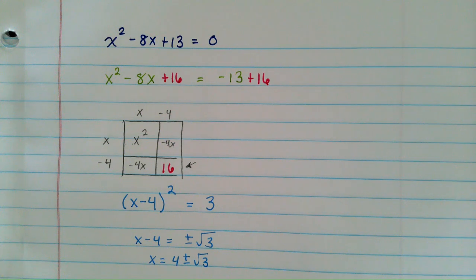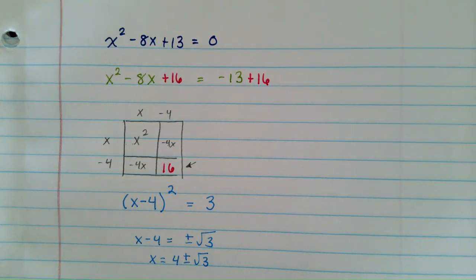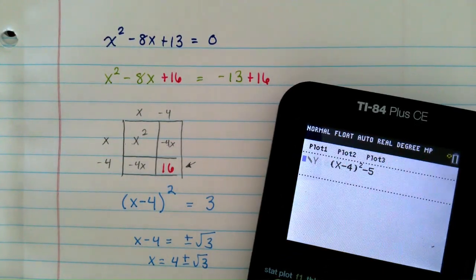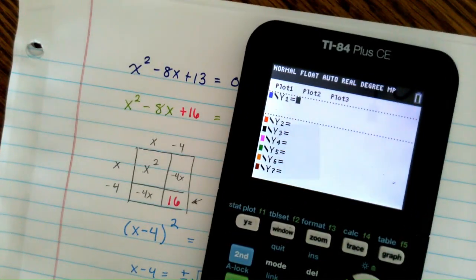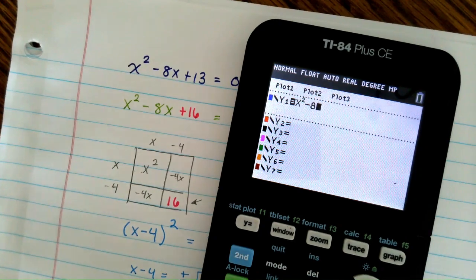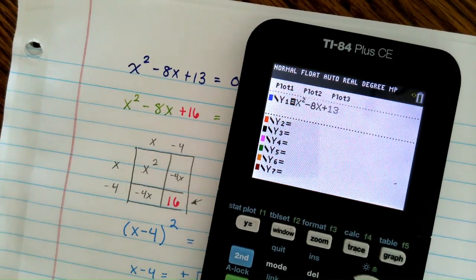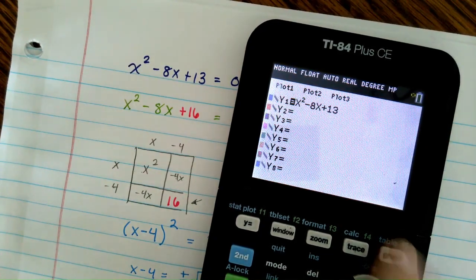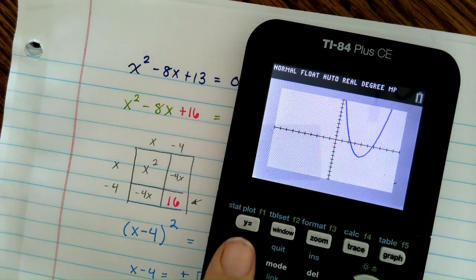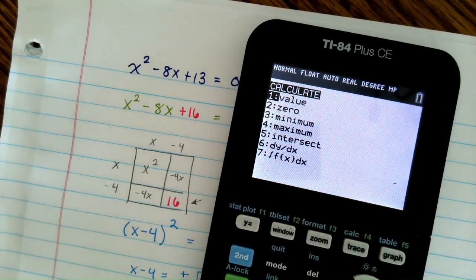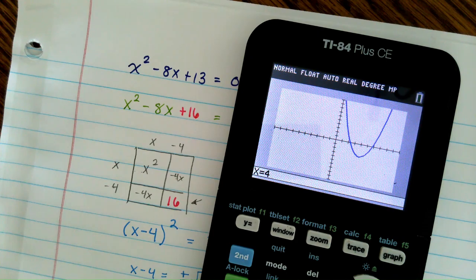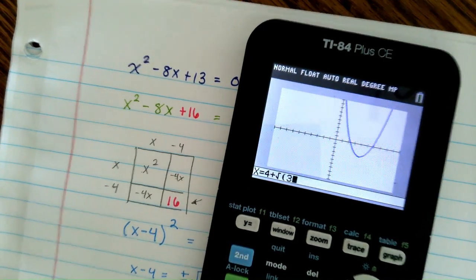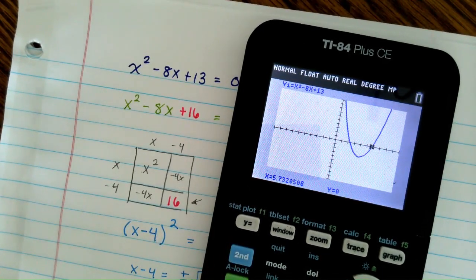And of course I'm going to check it with my graphing calculator. Again, I'm going to put in the original. That way I don't have any of my own mistakes in there. It's equaling 0 right now. I'm going to graph it. And I'm going to calculate a value. 4 plus the square root of 3. Absolutely, across there.